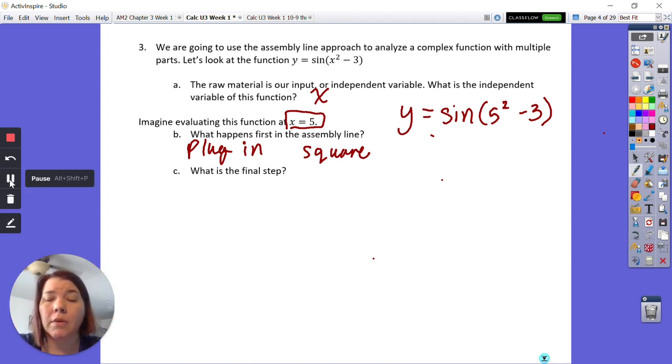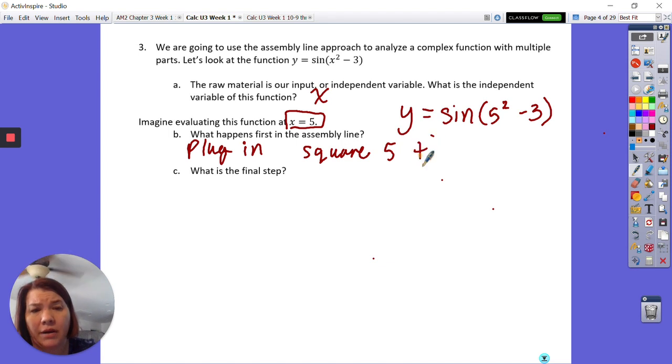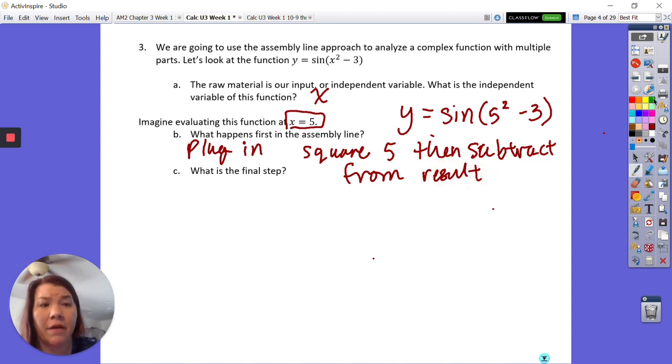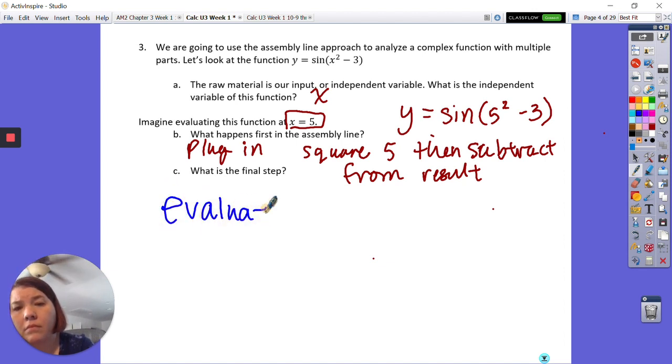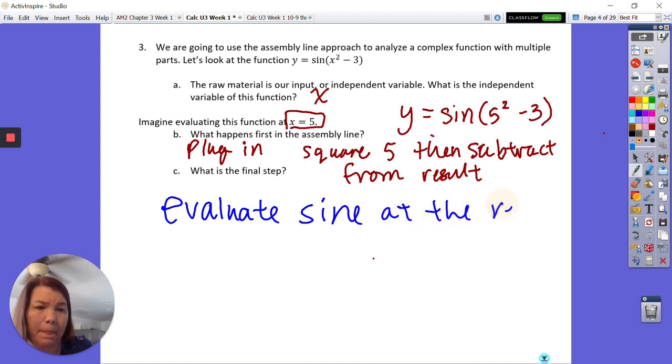Looking over this again, we plug in 5, first we square 5, then subtract 3 from the result. And in the final step, we're going to evaluate sine at the result. We're going to end up with 25 minus 3, so sine of the result.